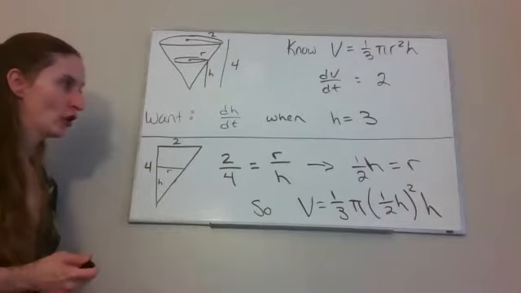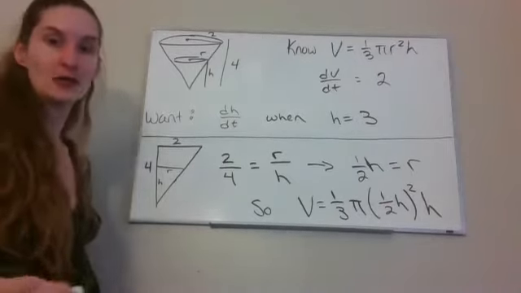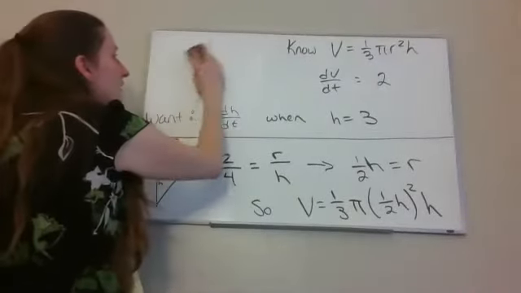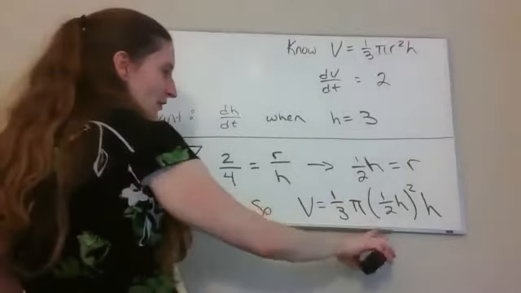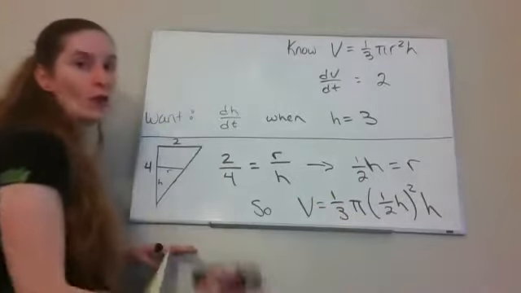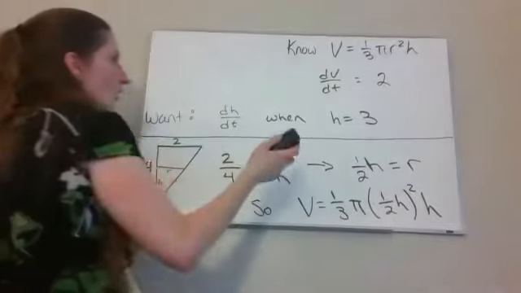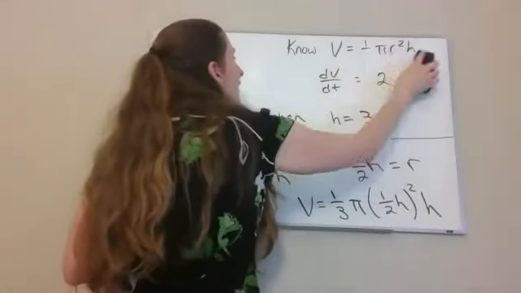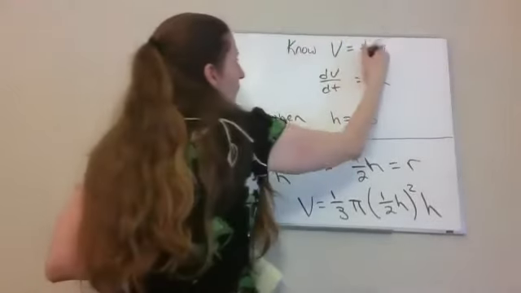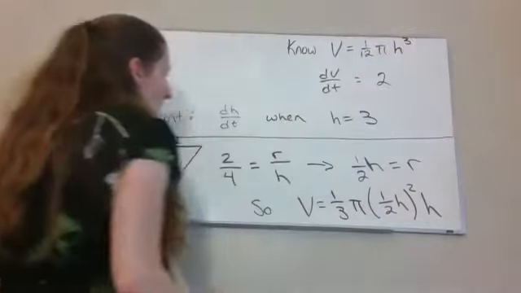Then I will have a volume equation that only involves h's, and then I'm good to go to take all my derivatives. So let's go ahead and simplify this volume. 1/2 h squared would be 1/4 times h squared. The 1/3 times the 1/4 gets me 1/12. So I can rewrite my volume equation as 1/12 pi h to the 3rd power.